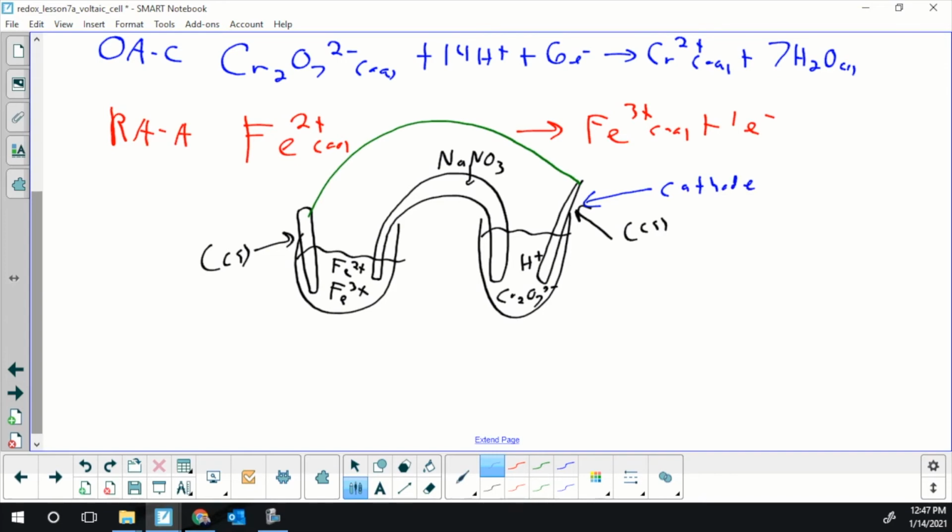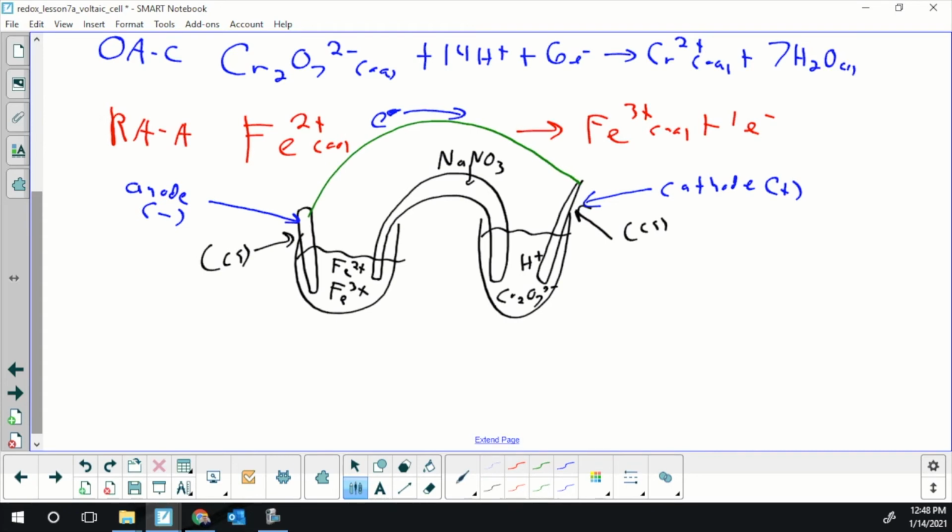The iron 2+ 3+, that beaker has the metal. That's going to be the anode. I'll do the polarity right away. The anode is negative. That's where electrons come from. E- is going to flow from the anode to the cathode, which is our positive electrode.